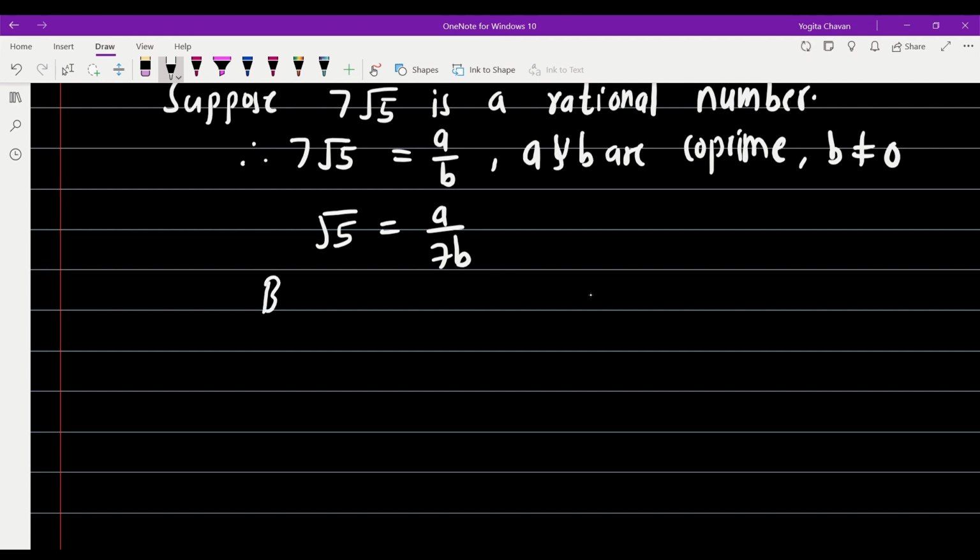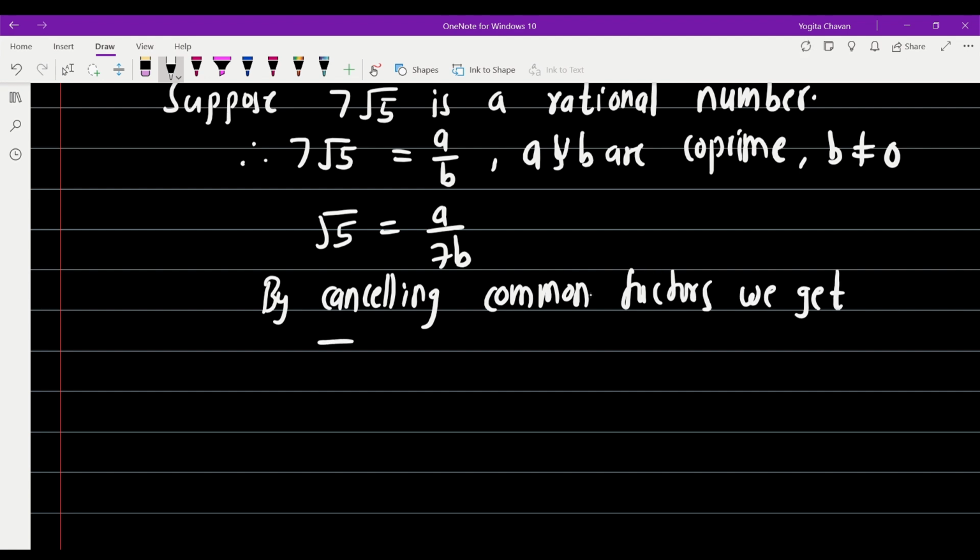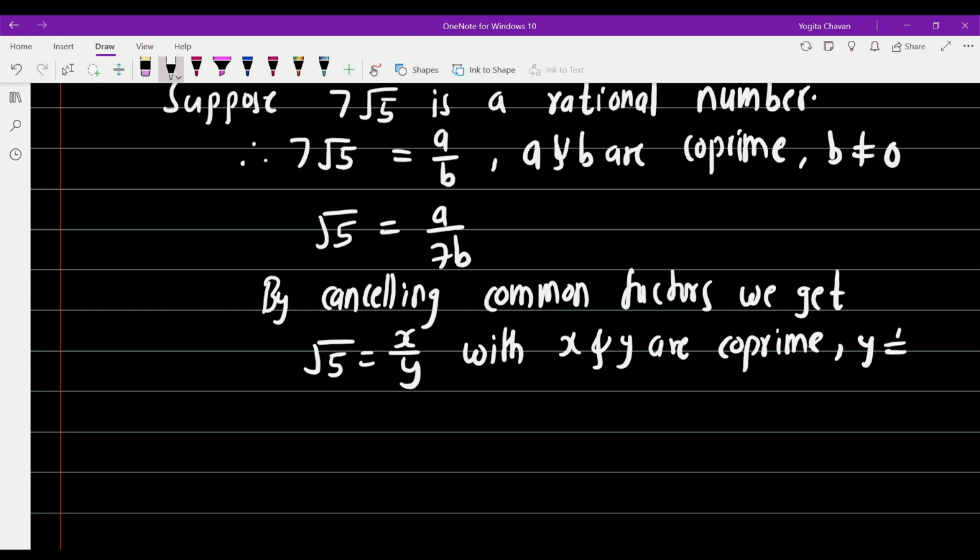So by cancelling common factors, we get root 5 is equal to x upon y, with x and y co-prime, and y is not equal to 0. Why is y non-zero? Because b is non-zero, 7 into b is non-zero, and after cancelling common factors, the numerator and denominator remain non-zero.